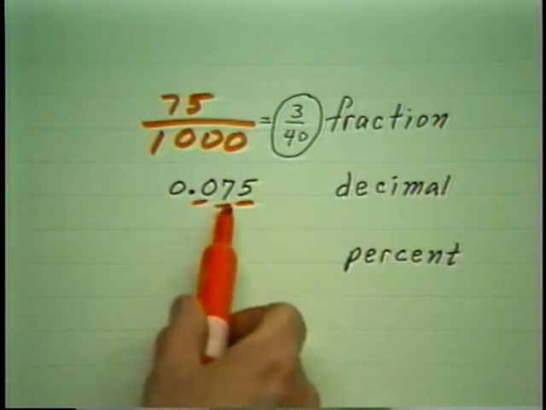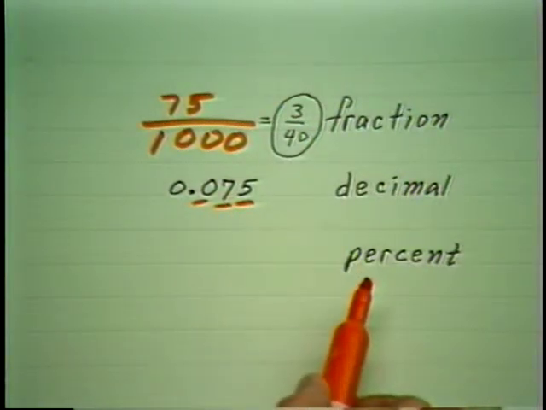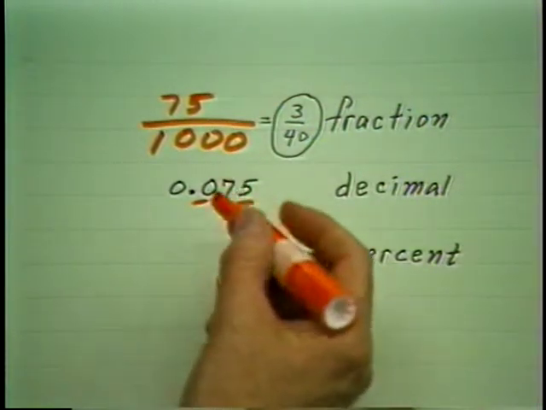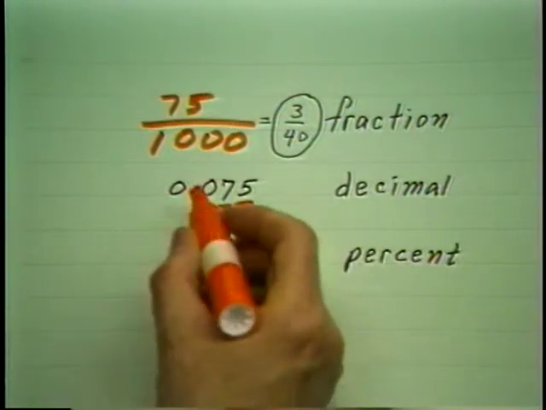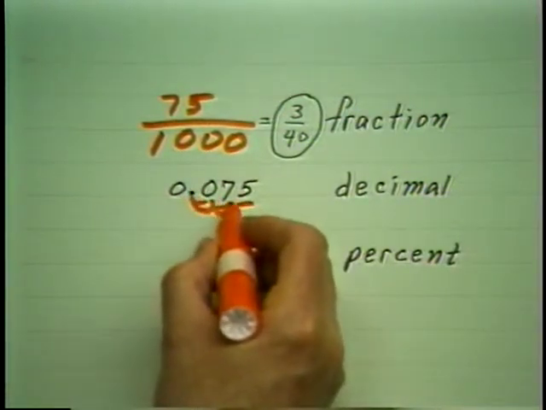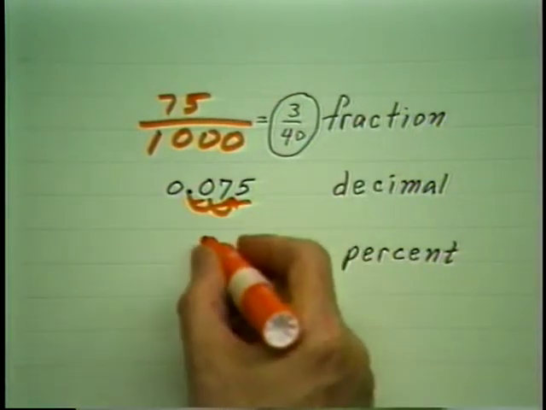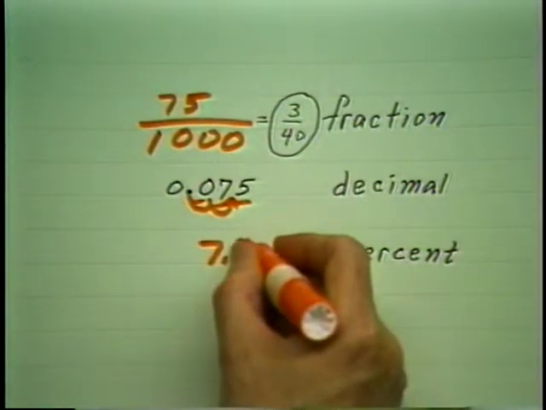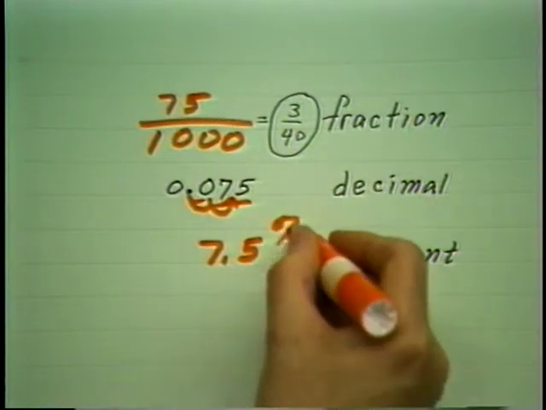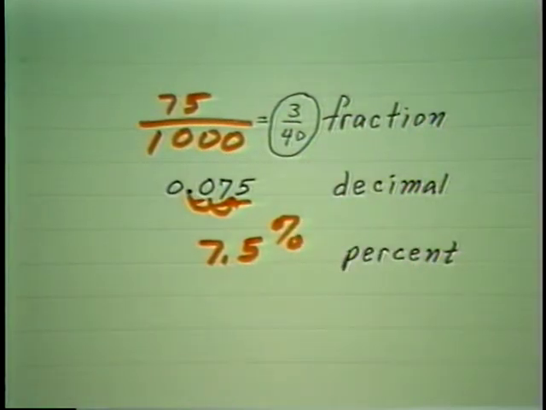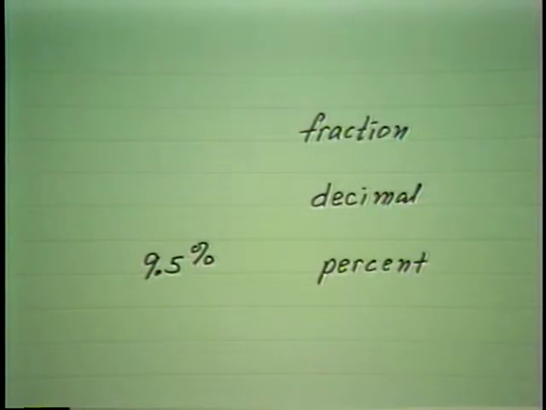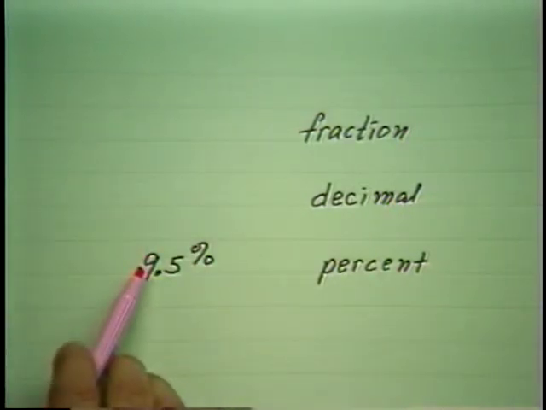On the other hand, if we wanted to convert this to a percent, we had a rule to move the decimal point 2 places to the right, or if you would, towards the percent, and that would give us 7.5%. And we're done.